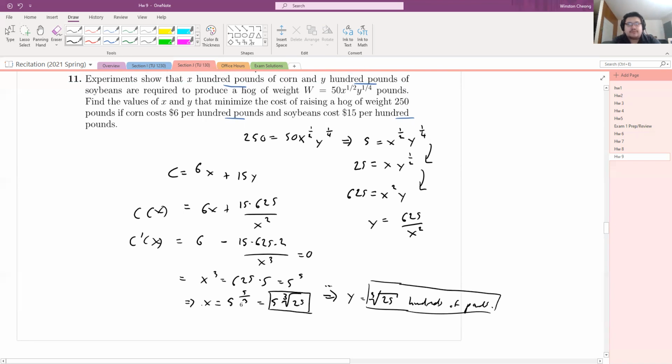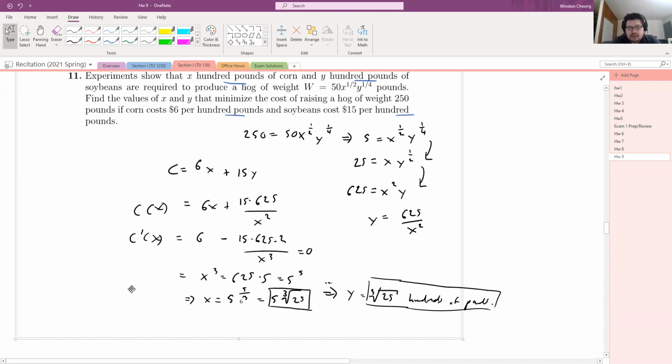And right, so lastly, we want to justify that this is the absolute minimum for the cost. Taking a second derivative is the easiest way to do that for this, because notice that the second derivative is going to get rid of the 6, and then the sign is going to flip to a plus, and x to the negative 3rd is going to turn into x to the negative 4th, which is good because that's going to square things out.